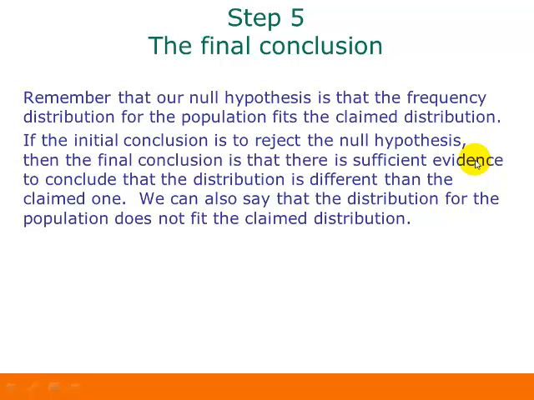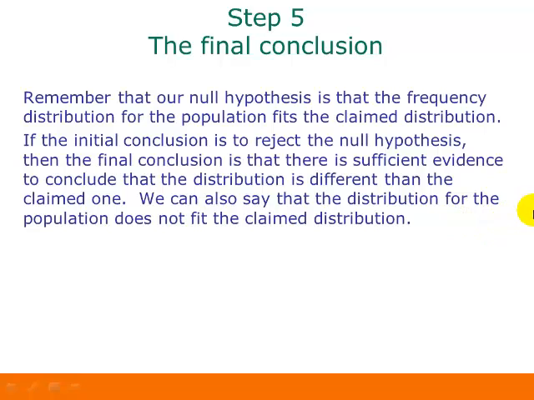Another way we can say this is that the distribution for the population does not fit the claimed distribution. Remember, in this case, the claimed distribution was the null hypothesis. So if we're rejecting the null hypothesis, we're saying that the population doesn't actually fit that distribution we had in the null hypothesis.